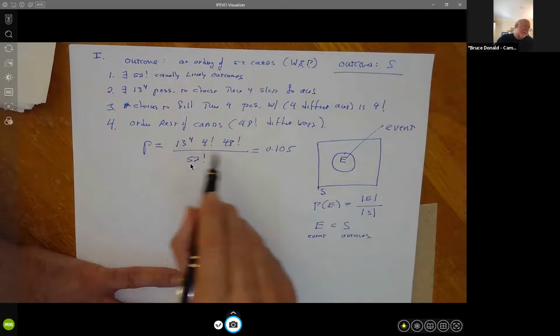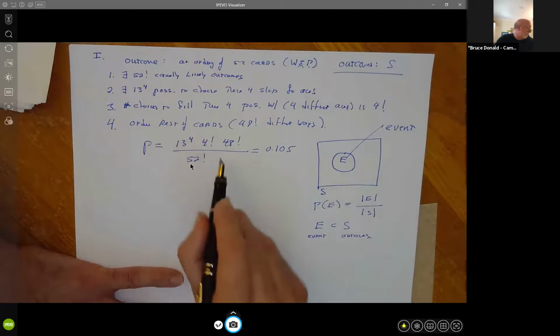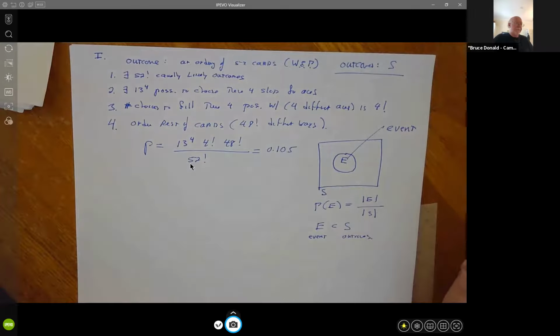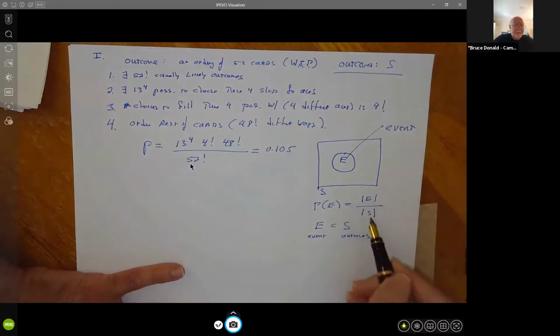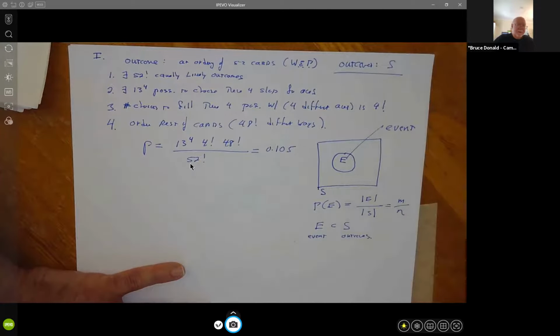So this is the size of our event in the numerator, and this is the size of our total space of outcomes. This is a fairly universal recipe for calculating probabilities. It works particularly well in the discrete and finite case because the sizes of these are finite numbers, something like m over n, and we just calculate these using combinatorics and divide them.